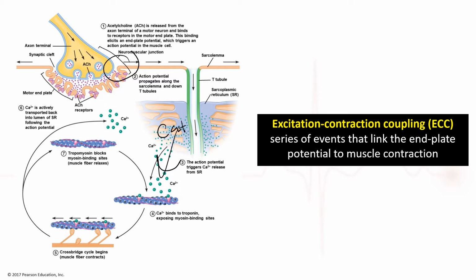If it does that 5 times over the course of 1 second, meaning if the skeletal muscle fiber generates 5 action potentials over the course of 1 second, it will release calcium 5 times over the course of 1 second from the SR. Now, this is another one of a million things.